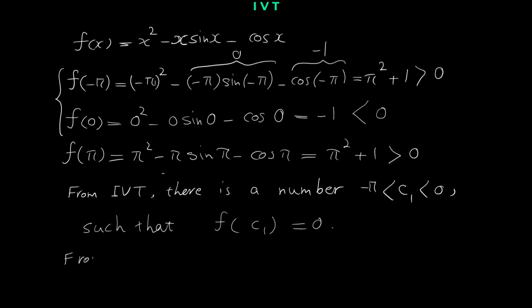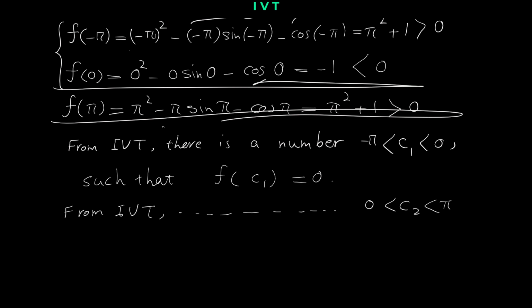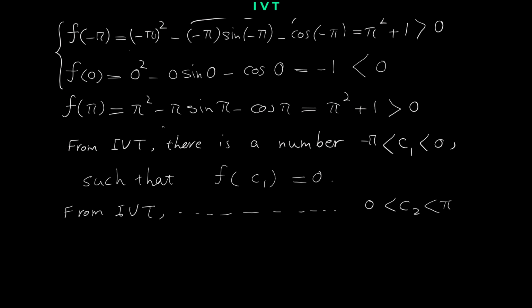And again, from intermediate value theorem, there is a number c2 between 0 and pi. Attention, at 0 the function is negative, at pi the function is positive. So somewhere between 0 and pi the function is 0.